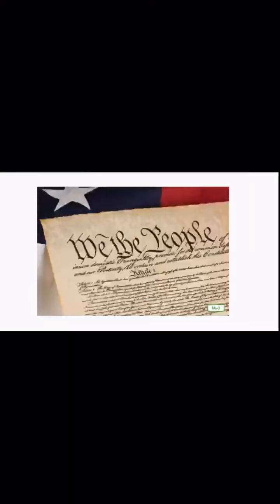James Madison is known as the father of the Constitution because he put all these ideas together by writing the Constitution with the help of George Washington and others. He also became the 4th president of the United States.